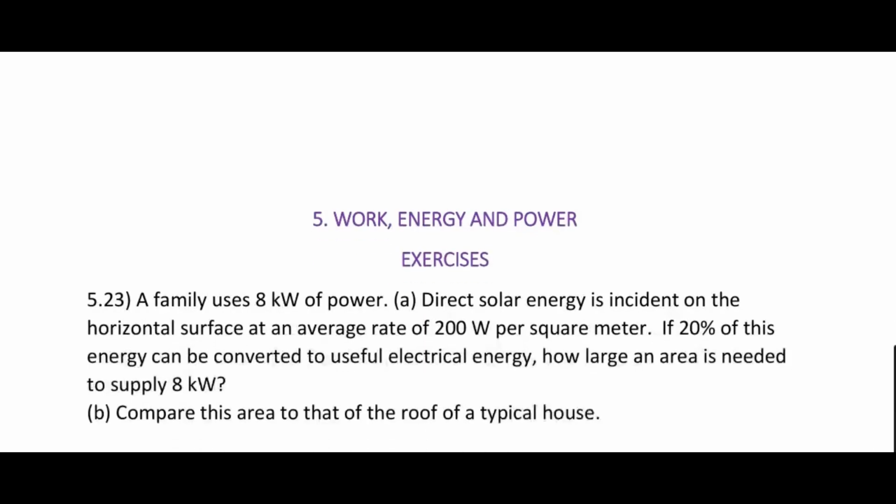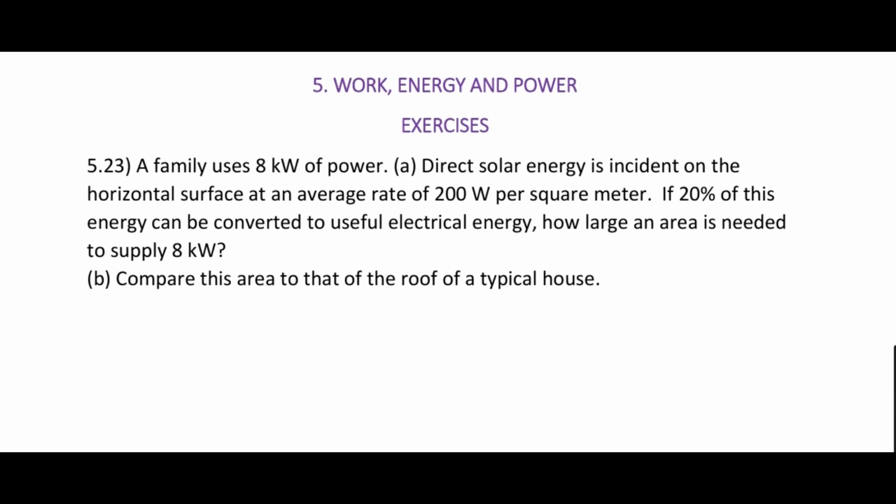Coming to 5.23. A family uses 8 kilowatt of power. Direct solar energy is incident on the horizontal surface at an average rate of 200 watt per square meter. Actually, it is nothing but the intensity of solar light.